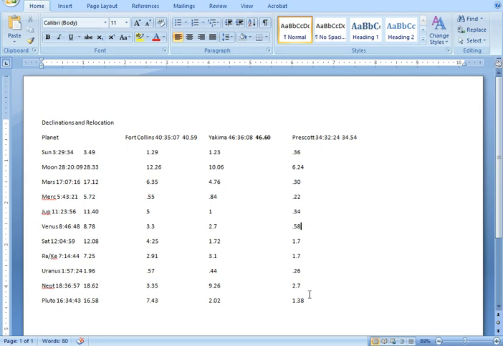Okay? Now, this is by no means a complete analysis. This is just one principle of analysis. After this one, you might want to consider other ones. What's nice about this technique is that once you find out what latitude you want, you can just work out, what I used to do with this, I used to just work out every planet for every latitude.